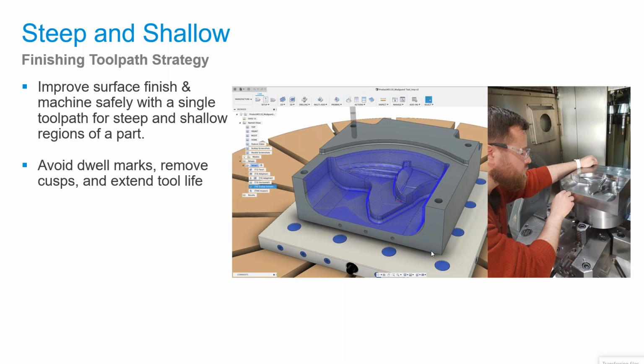And this is the steep and shallow toolpath, which is a toolpath from PowerMill that is getting included in the Fusion extension area. This is a single toolpath which can machine any kind of 3D profile and gives you the utmost surface quality as you complete the process.